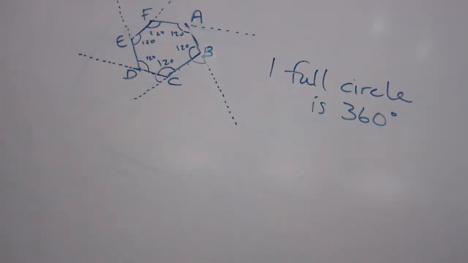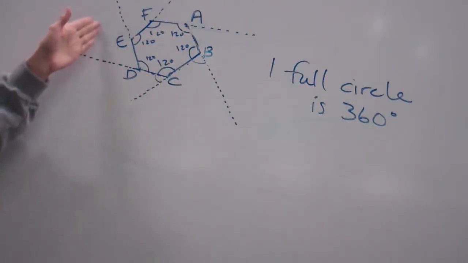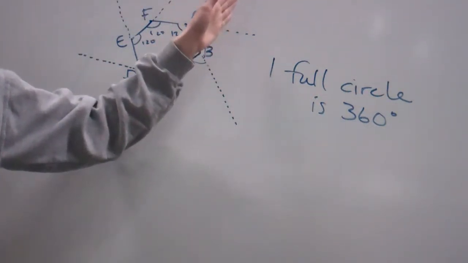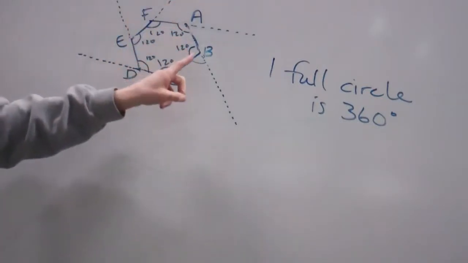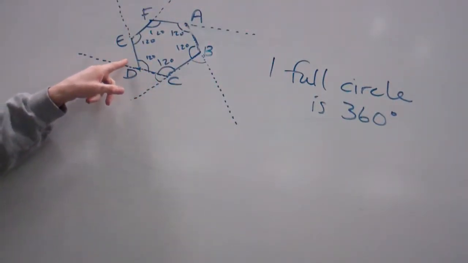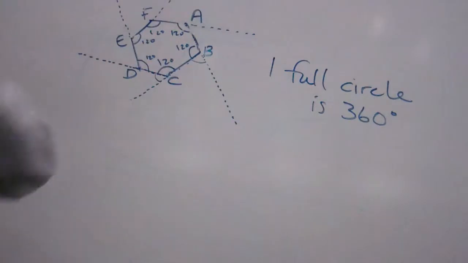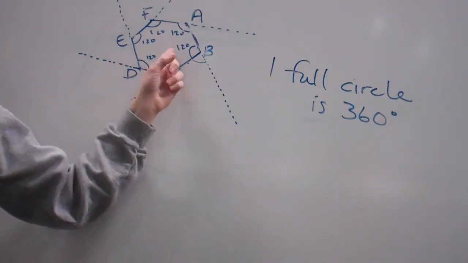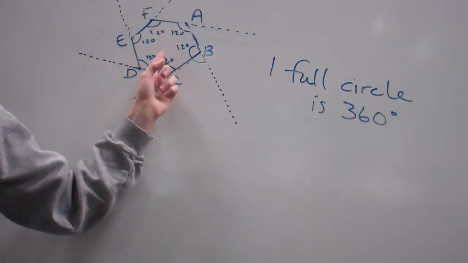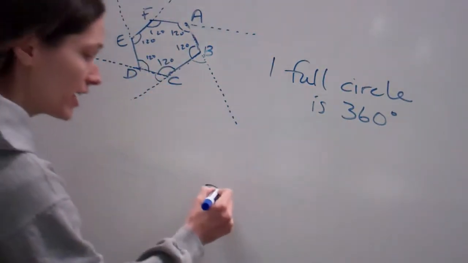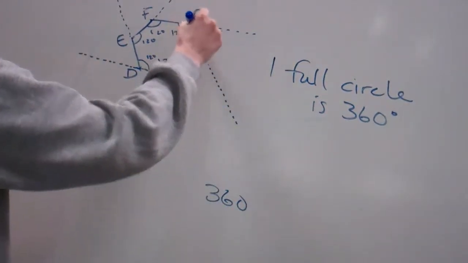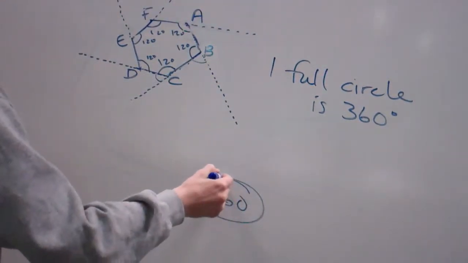So there are two ways to discover this. Okay, I know that one full circle equals 360 degrees. And if I have 1, 2, 3, 4, 5, 6 exterior angles, how much will each exterior angle be? 60, because I have 360 total to go around. I know it's going to be 360, okay?